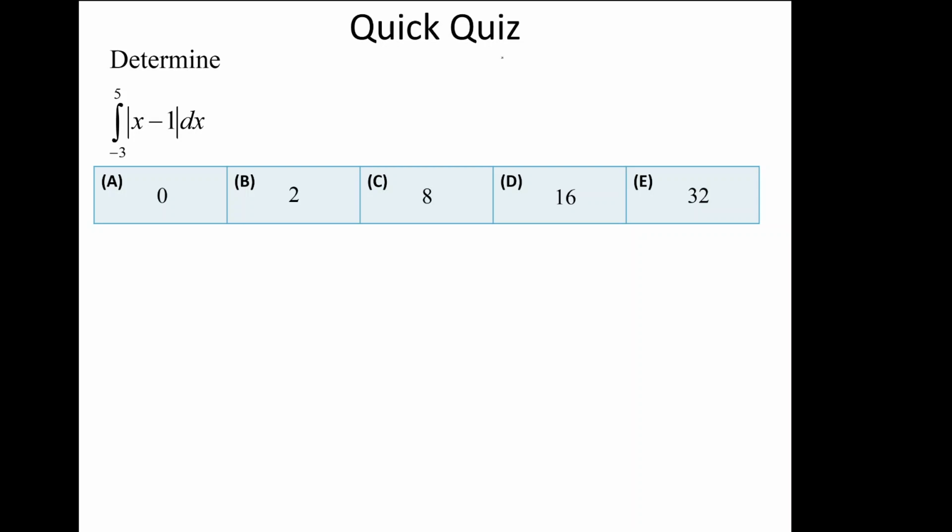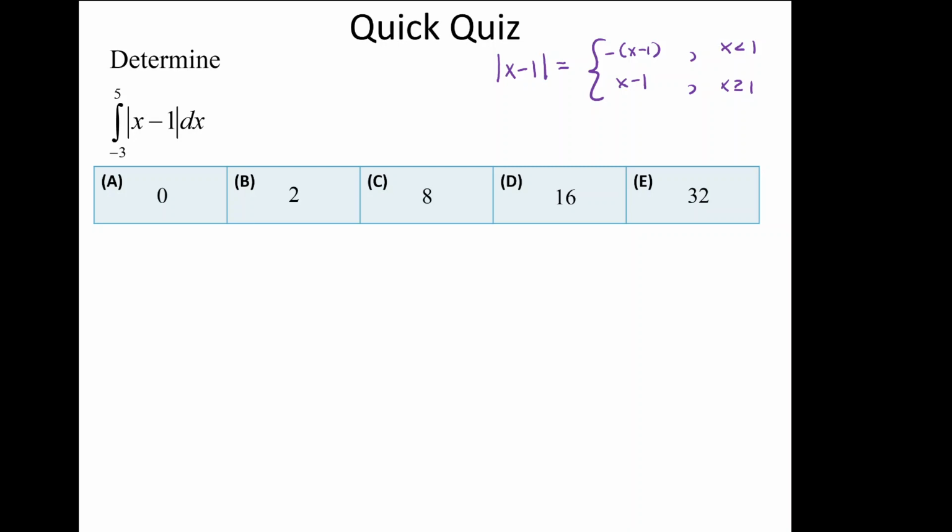And when we split this integral up, our construction of the piecewise function is as follows. It's either going to be negative of x minus 1 or positive of x minus 1, and it does not switch at 0. It switches at 1. So it's the first one for x values less than 1, and the second one for x values larger than 1.